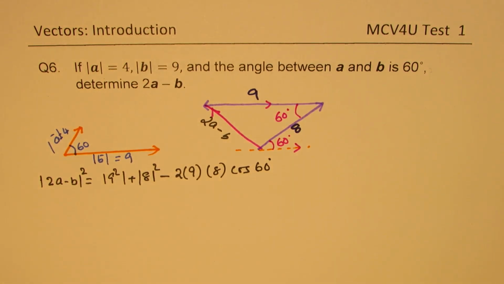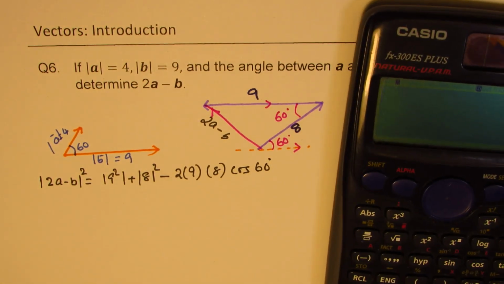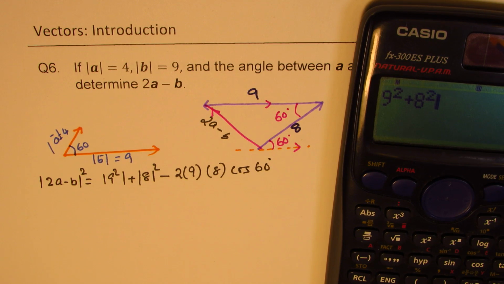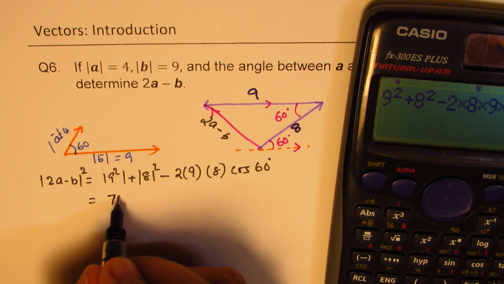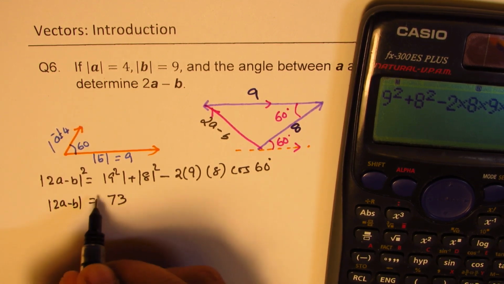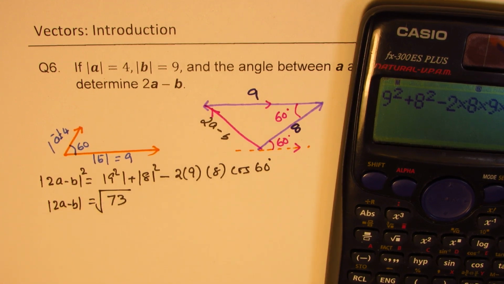So let's calculate. So we have 9 square plus 8 square minus 2 times 8 times 9 times cos of 60 degrees. That gives us 73. So the magnitude of 2a minus b will be square root of 73.